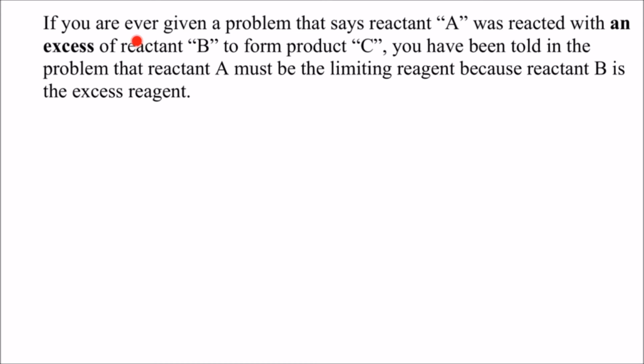Alright, if B is in excess, that means that B is the excess reagent, and therefore A must be the limiting. Of course, they're not going to have A, B, and C. They'll have actual molecules in there, but if they phrase it that way, with an excess of, then they're telling you that the opposite is the limiting.